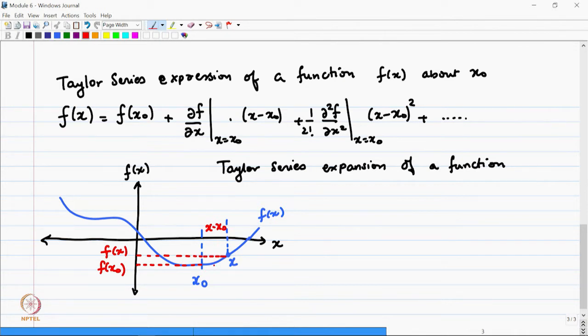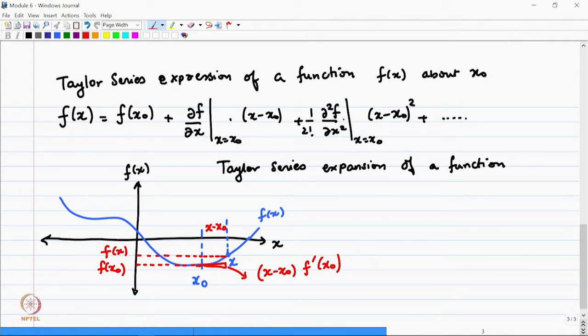So, this is a term x minus x 0 times f prime of x 0.